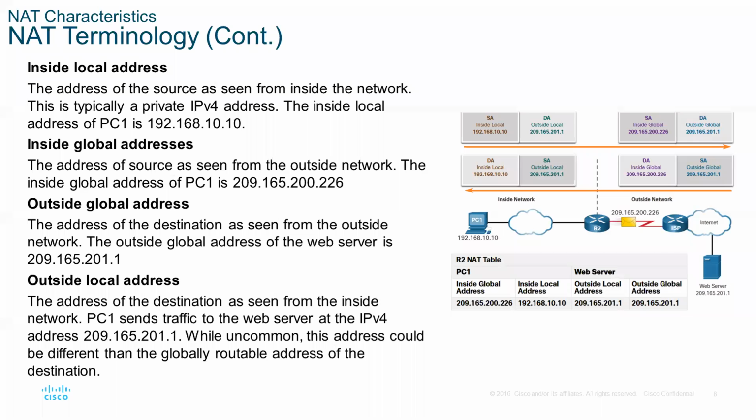So our inside local is the 192.168.10.10. This is the traffic that is going outside. And we're going to this web server 209.165.201.1. So that is the outside local. And you're going, oh, isn't it the outside global? Yes, it is. It's both, just to make life interesting.